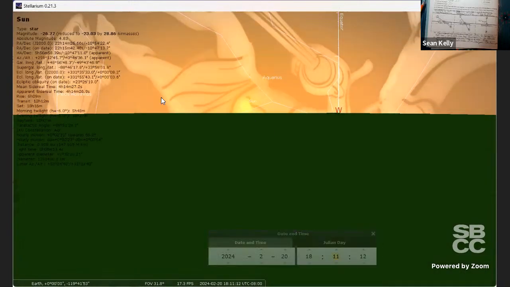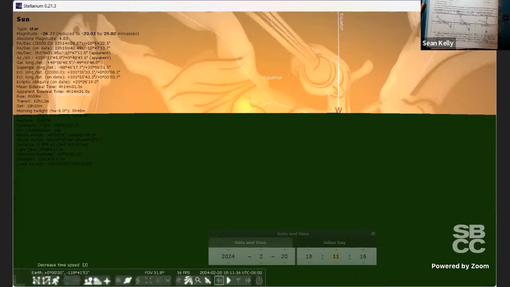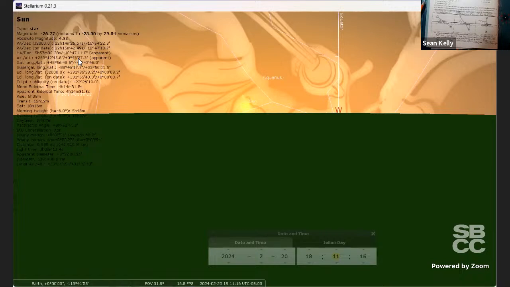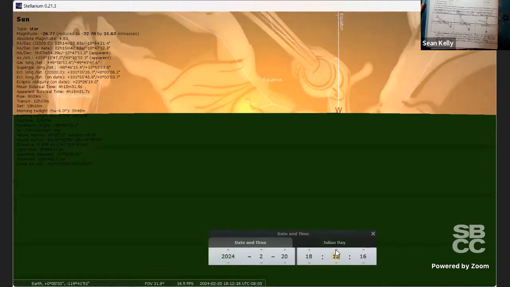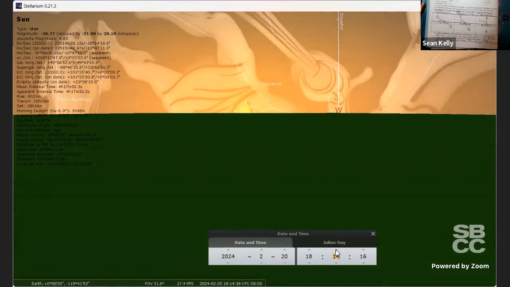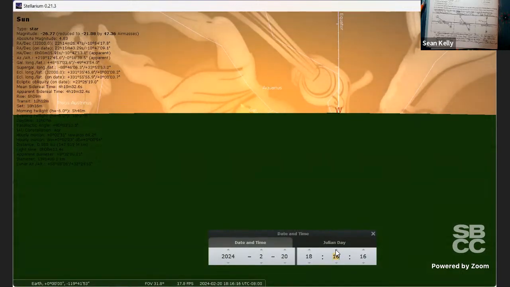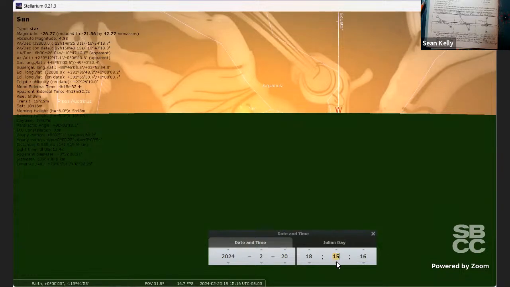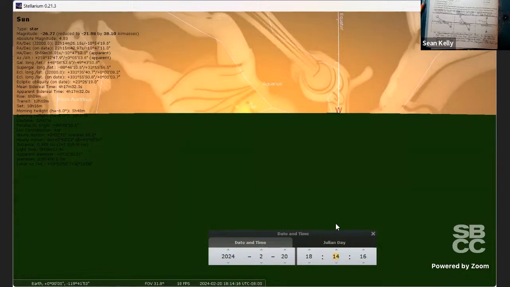That's our sun. If we look over here, the altitude of the sun, let's pause this. The altitude is 0 degrees 43 minutes. If I go forward, it's going to go down. There we go. Oh, it's too far below. So the center of the sun is right about on the horizon.